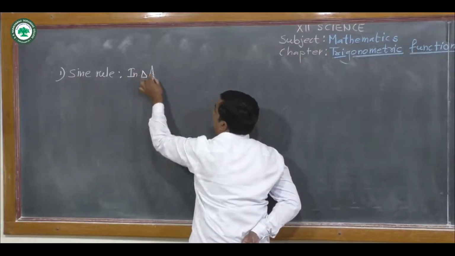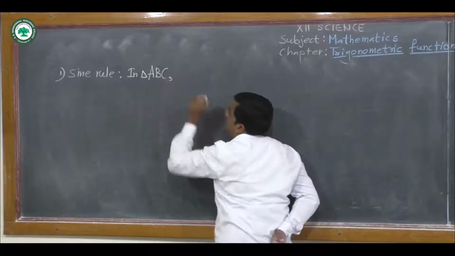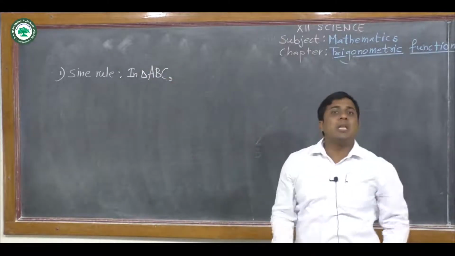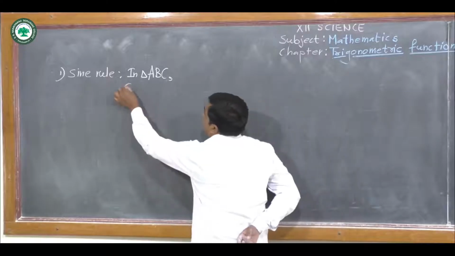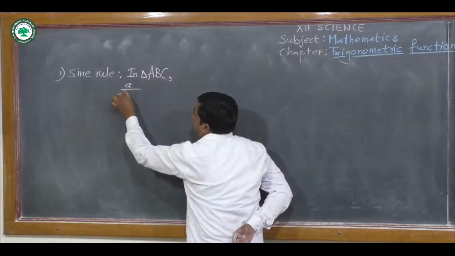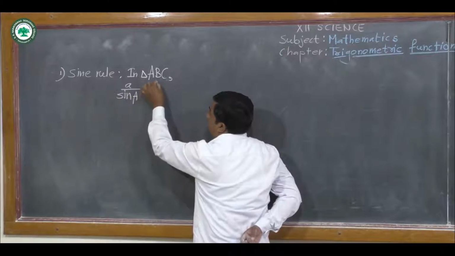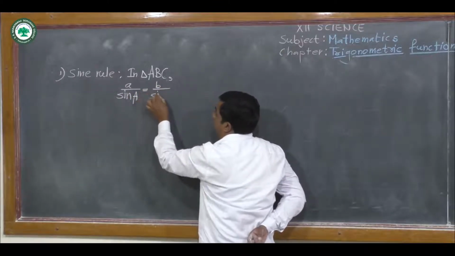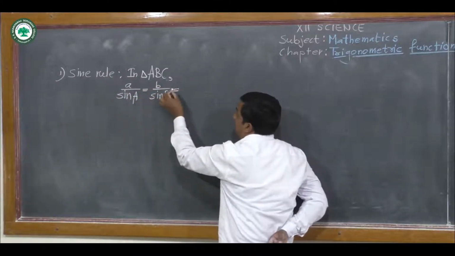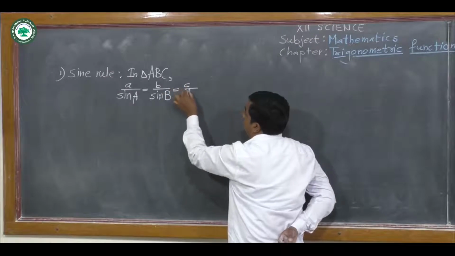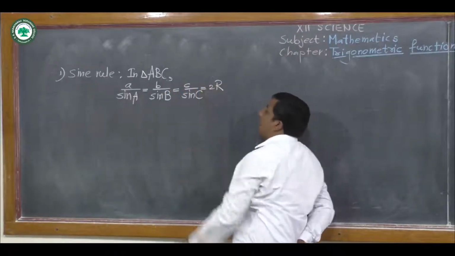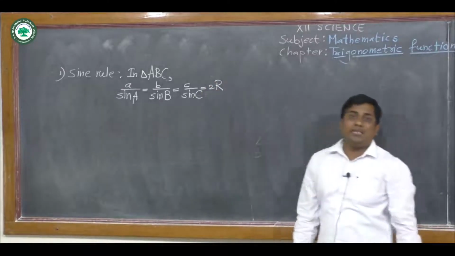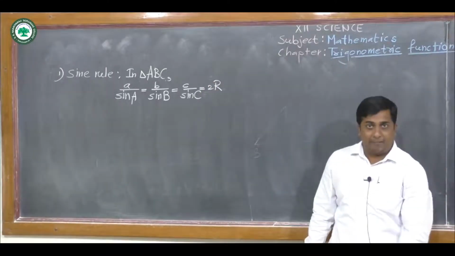In triangle ABC we have an important relation between the elements of the triangle: a upon sin A is equal to b upon sin B is equal to c upon sin C, which is equal to 2R, where R is the circumradius of the given triangle ABC.